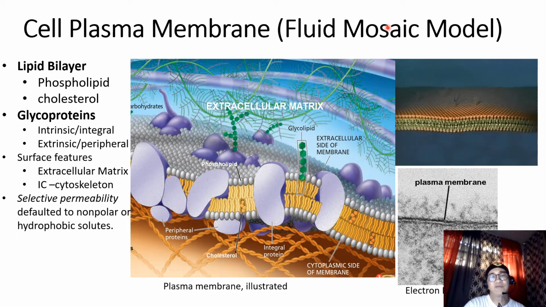According to the fluid mosaic model, the plasma membrane is held together by hydrophobic interactions, and this is a weak bond between molecules, so that the molecules can actually be very flexible.